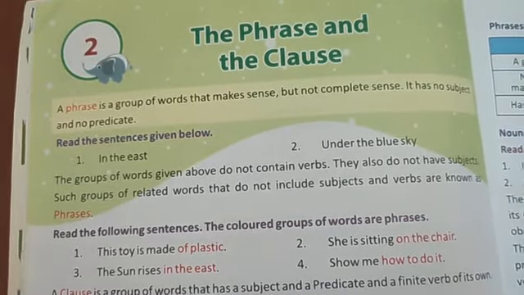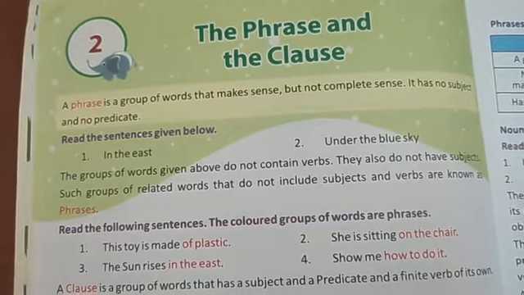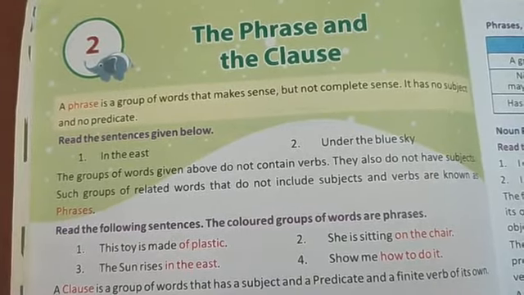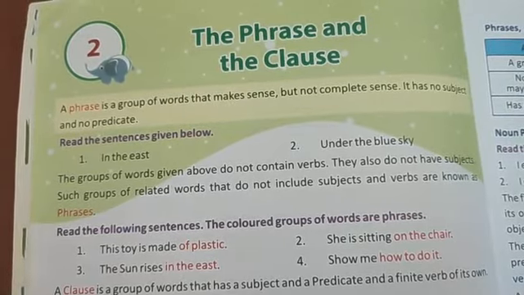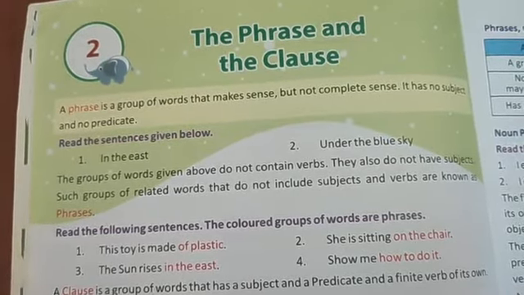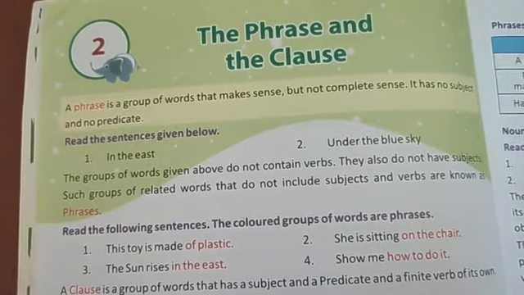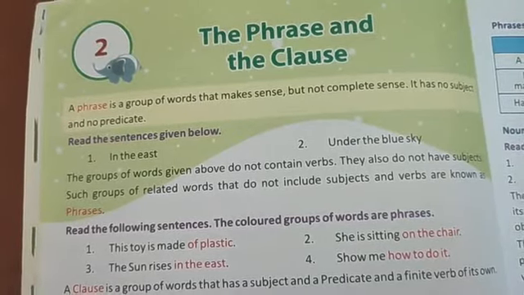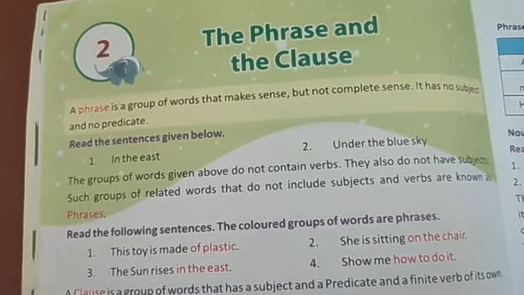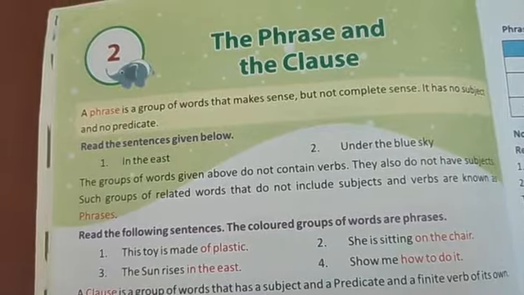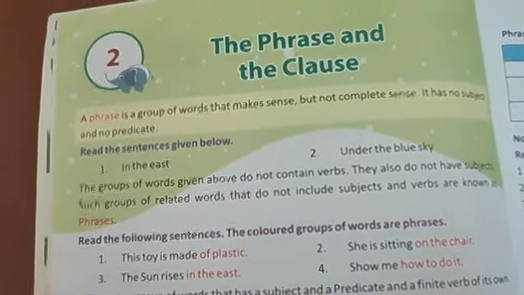A phrase is a group of words arranged in a proper array, but it does not make a complete sense. That means the phrase needs to be added to a sentence in order to get a proper sense. It does not have its own subject and a predicate. Clear? It is just a simple group of words.